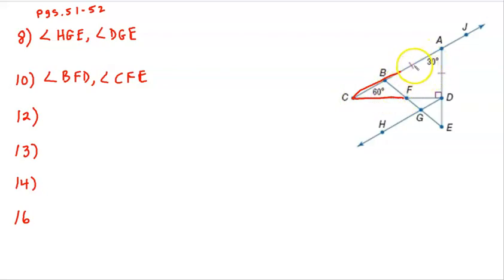And then up here we have this other angle that's 30 degrees, BAD. So they are complementary, but they are not adjacent. So that could be our answer for number 12, angle BCF and angle BAD.